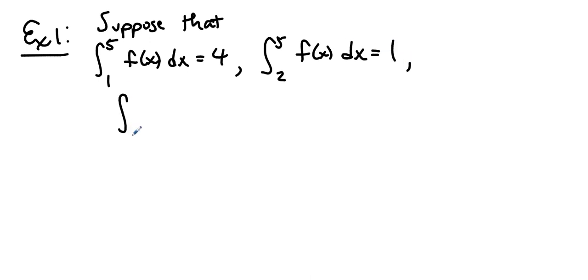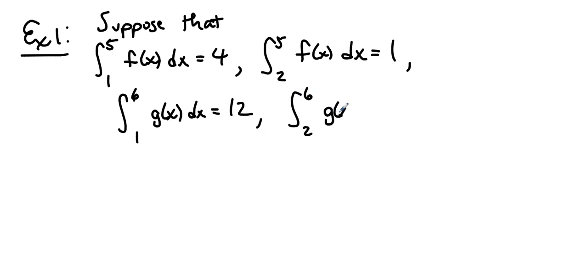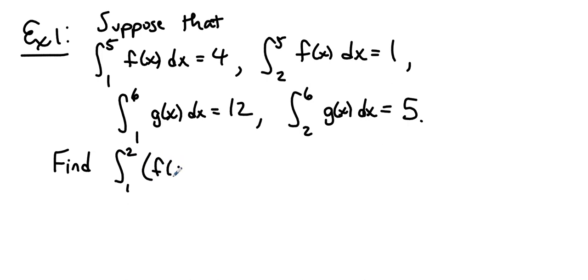The integral from 1 to 6 of g of x dx is 12, and the integral from 2 to 6 of g of x dx is 5. Find the integral from 1 to 2 of f of x plus g of x dx.